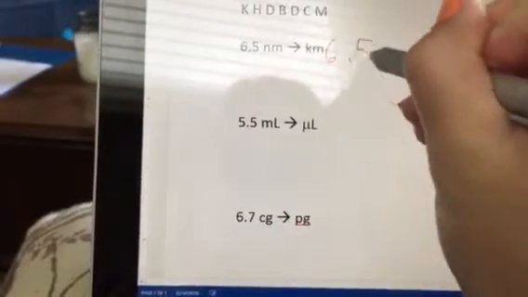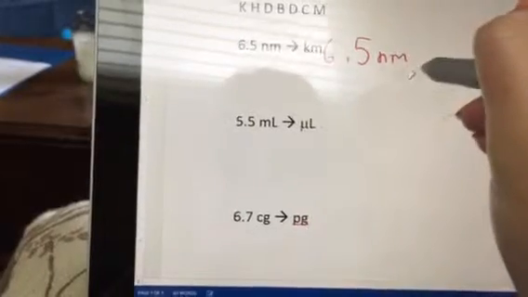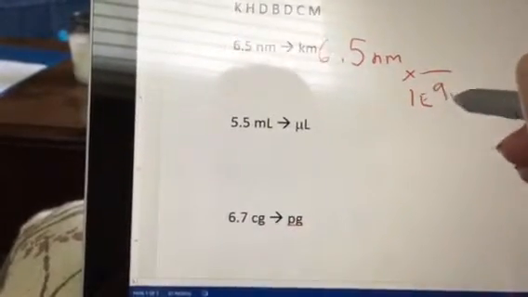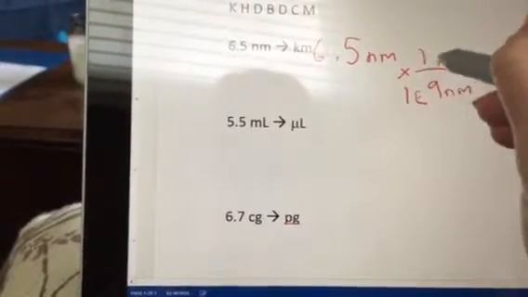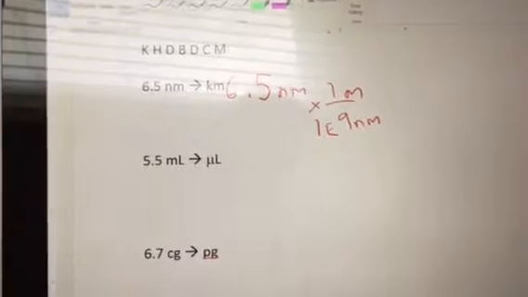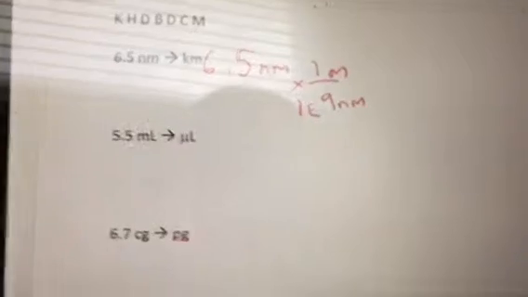I'm going to start with 6.5 nanometers. And I just said that 1 times 10 to the 9th nanometers equals 1 meter. So you can go ahead and solve it right here if you would like to. And then from here get meters and then use King Henry died by drinking chocolate milk to convert to kilometers. And in fact, that is what I'm going to do for this first one here.